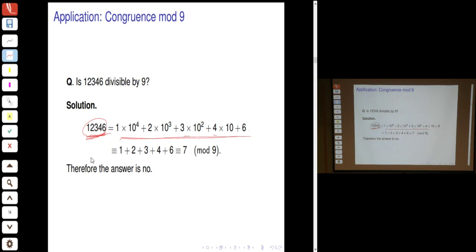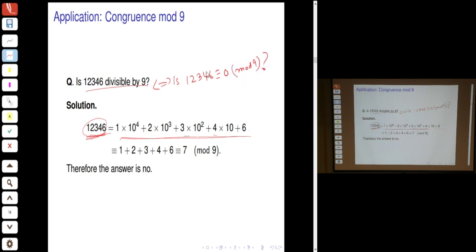Now, here is the magic of congruences. You want to understand whether this is divisible by 9. In other words, is 1, 2, 3, 4, 6 congruent to 0 mod 9? This is the question, right?